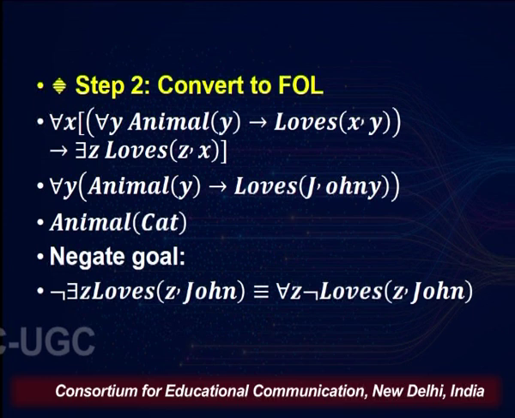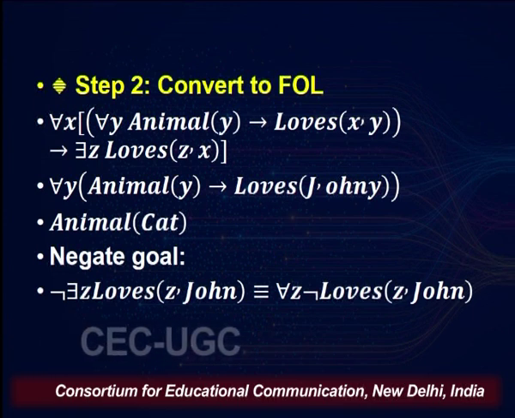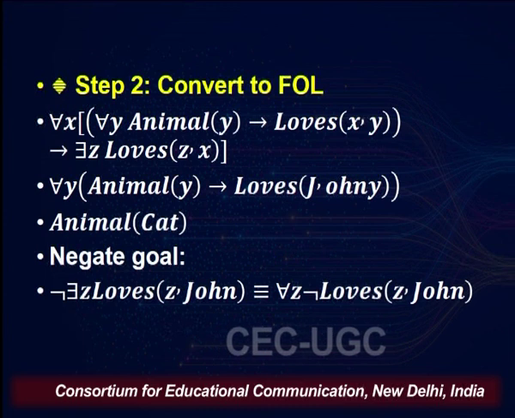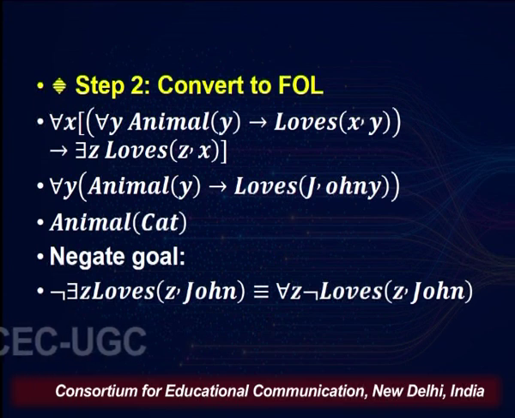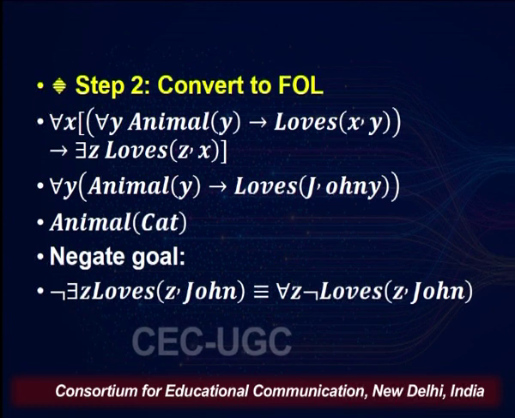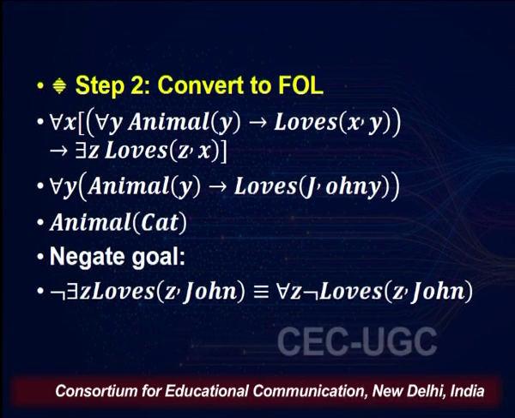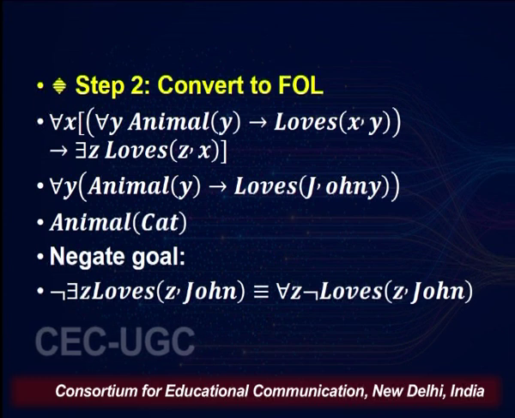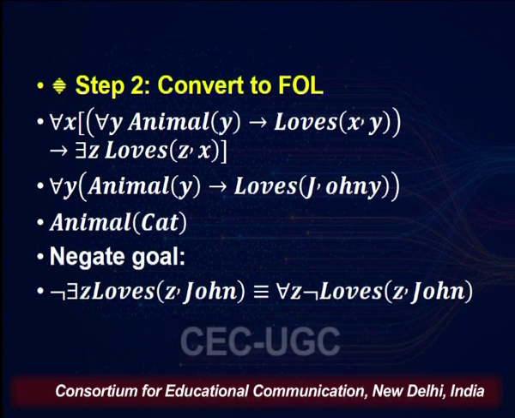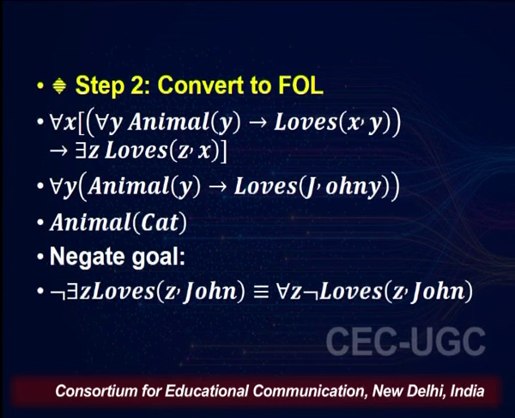So, someone loves John will be written as there exists z loves z comma John, and we need to negate the goal. The negation is moved inward because there is no point in keeping this negation before there exists; the negation applies to the clause.